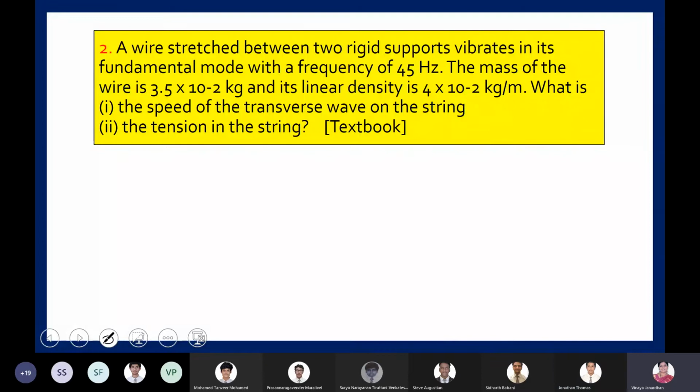Okay, what is density? Density is mass by volume, correct? Ma'am, linear density is mass by length here.